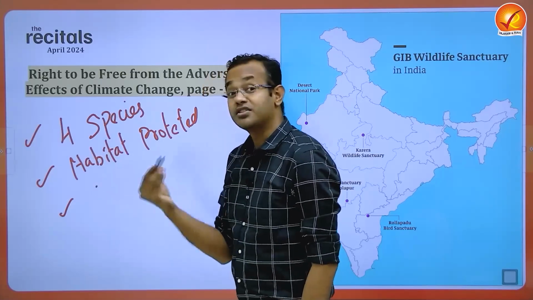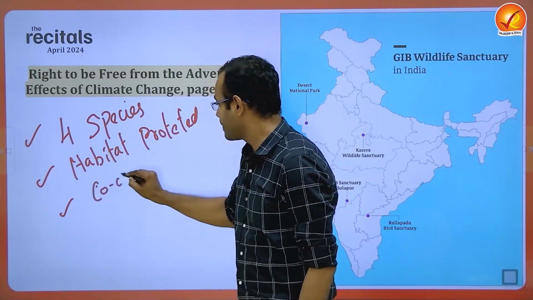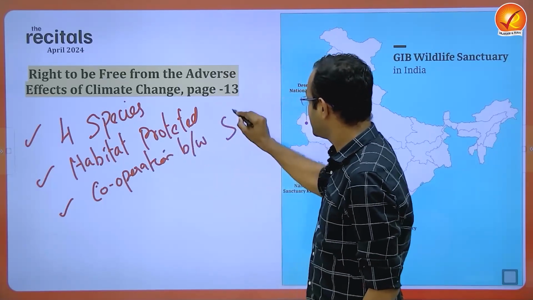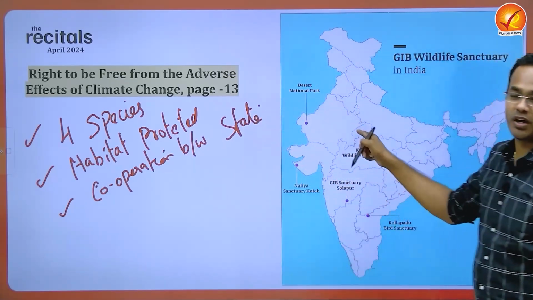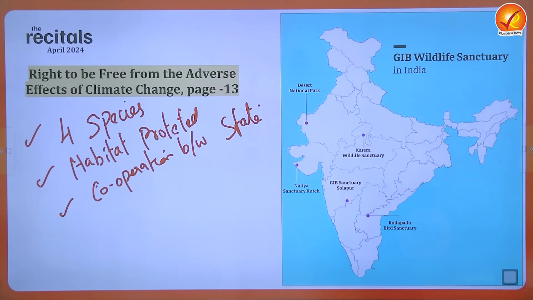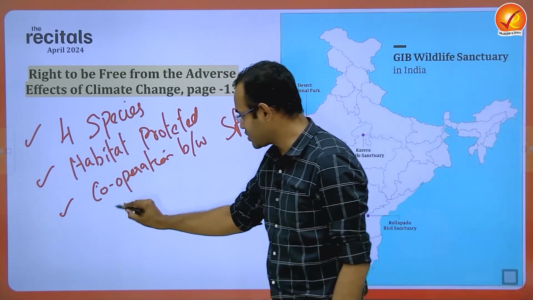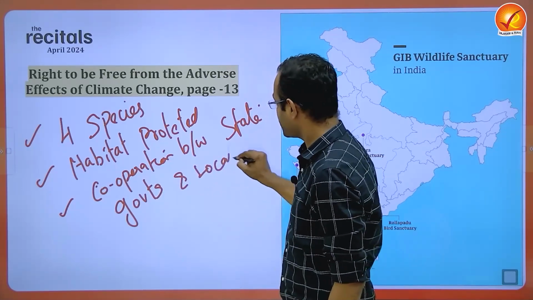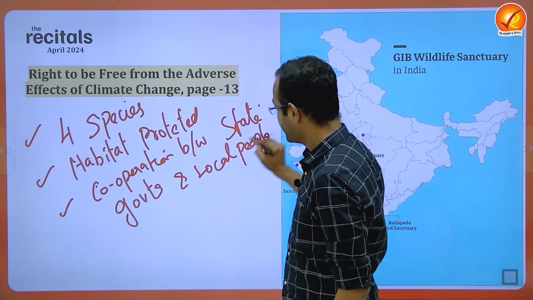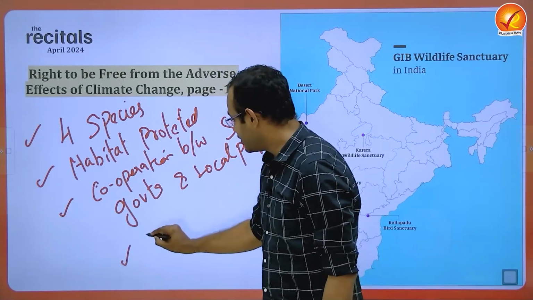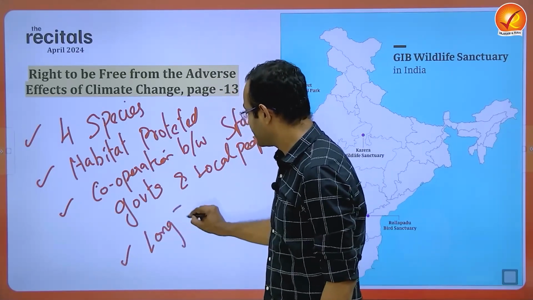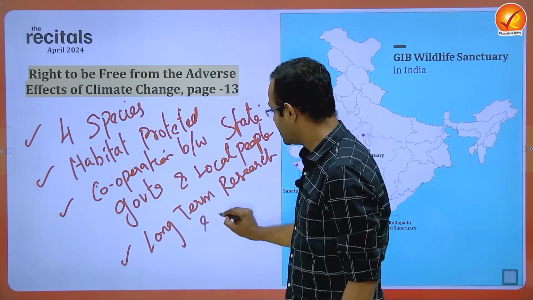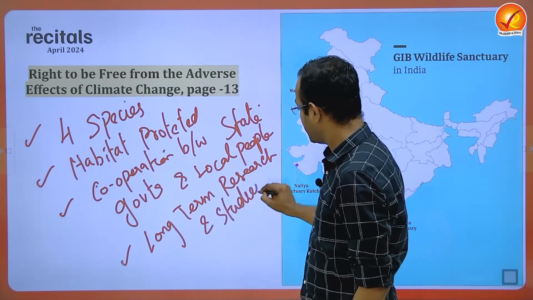Number 3, in terms of collaboration or cooperation, because it is not present in one region, it is present in multiple places. So the state governments have to cooperate, and also with the local people. Number 4, we need long-term research and studies to be performed.